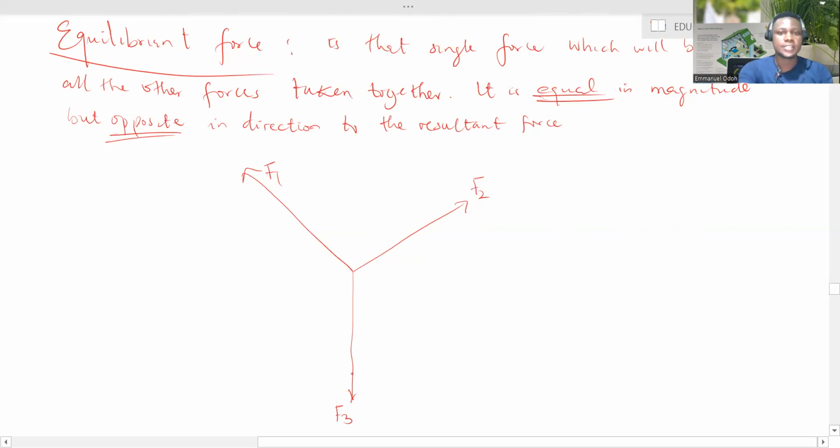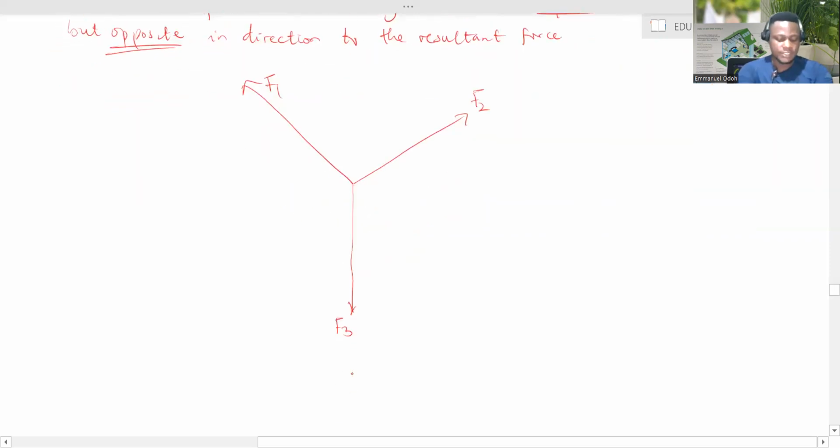If these three forces are acting on this common point, and they are all in equilibrium, then the resultant of any two of the forces is equal but opposite in direction to the third force.